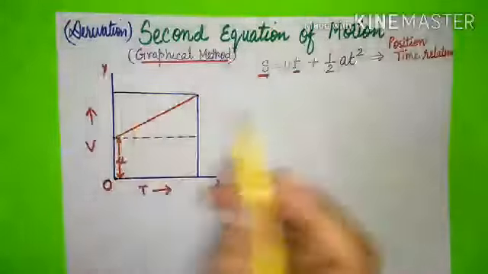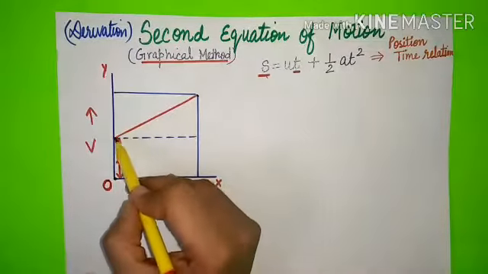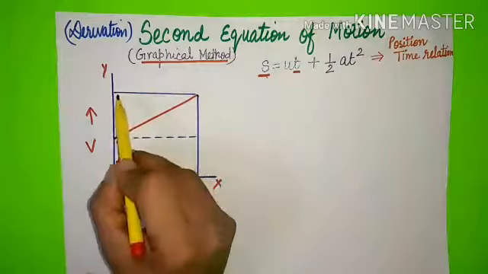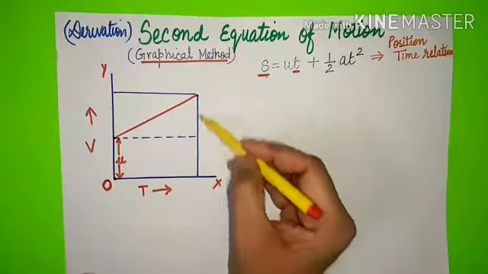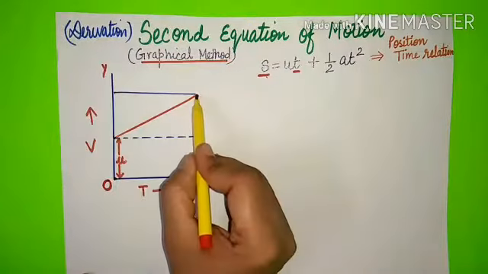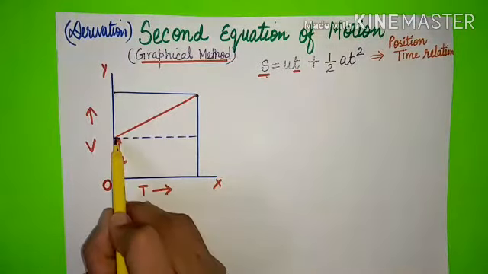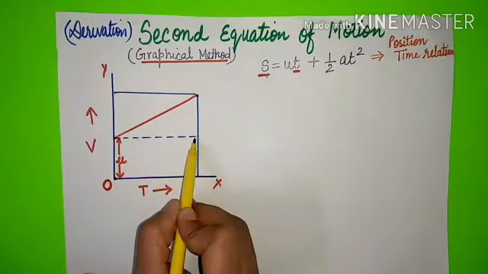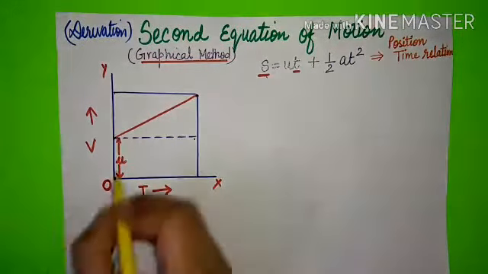After taking this path, draw two perpendiculars on the x-axis and y-axis from this end point. Draw this line also, and now mark all the points.